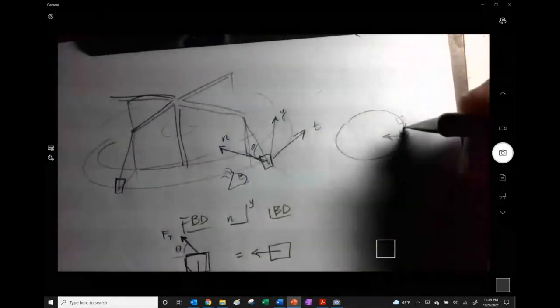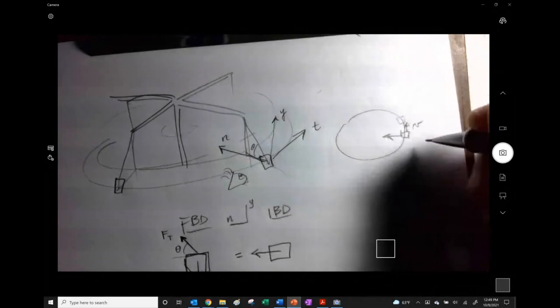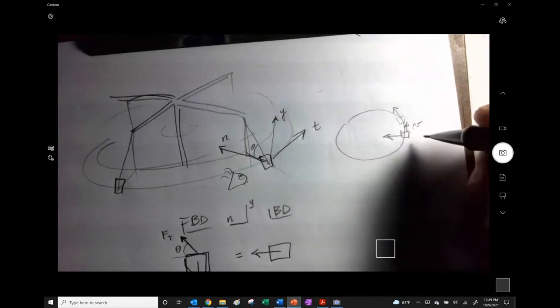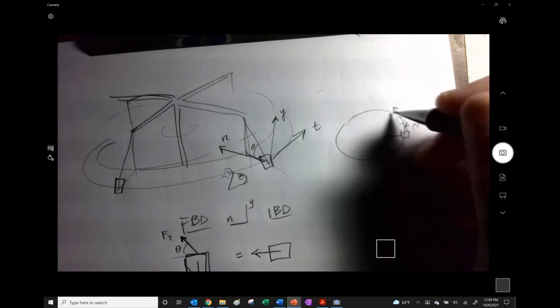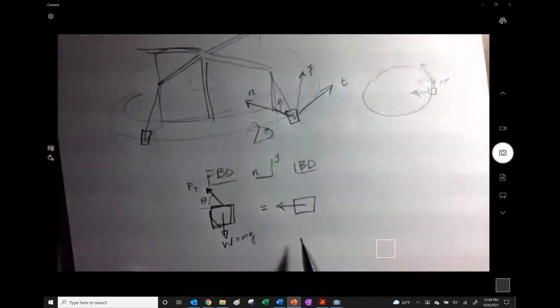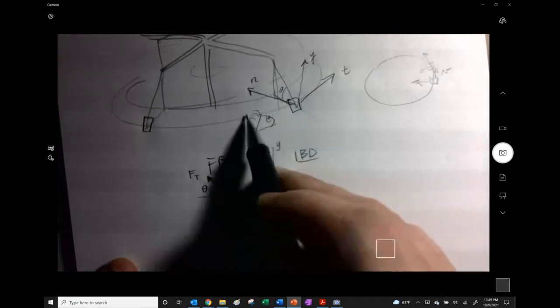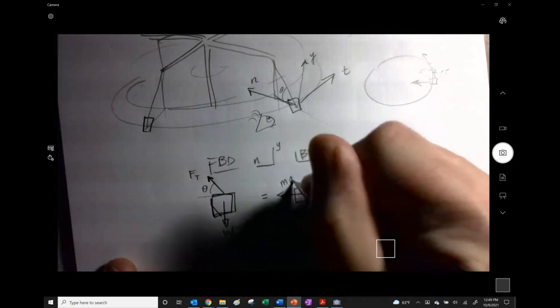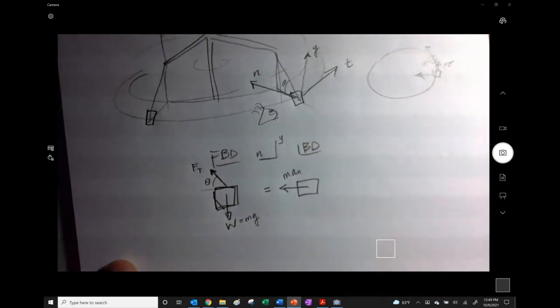It's got a velocity coming that way, and then at a later time, it's going to have a velocity coming this way. So it's changed from that direction to that direction. So it's accelerating towards the center, which appears from this direction like this. So that's going to be mass times the normal acceleration there.